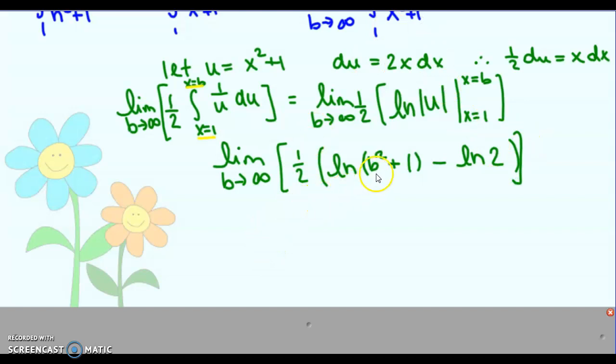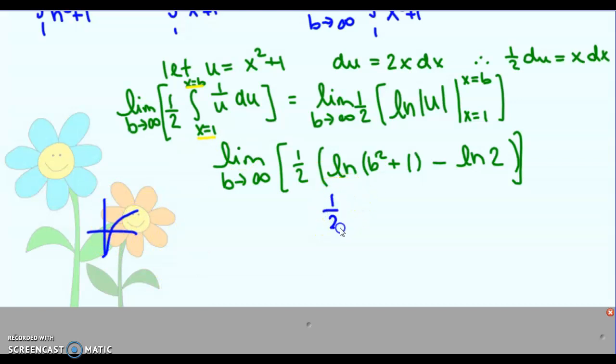So if we're looking at this and we're, quote unquote, plugging in infinity into b squared, we're getting infinity plus 1. And eventually, as we keep getting larger and larger, and we're following the natural log curve, it's going to take a while, but this keeps getting larger and larger because the natural log curve is going up to infinity as x goes out to infinity.